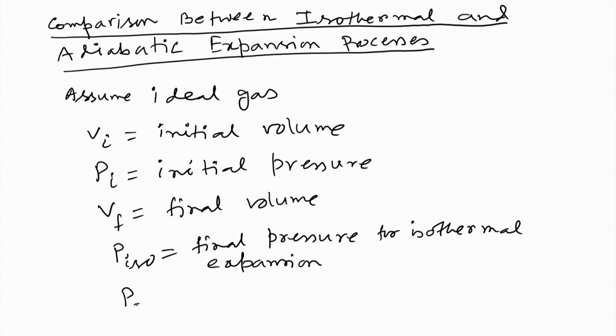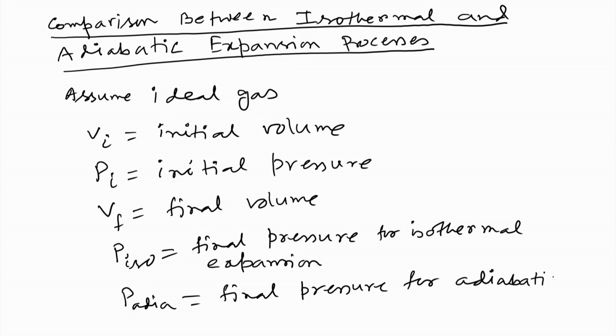And P adia we consider as final pressure for adiabatic expansion. So, we started with same initial volume and same initial pressure, and we reached the same final volume for both isothermal and adiabatic processes.